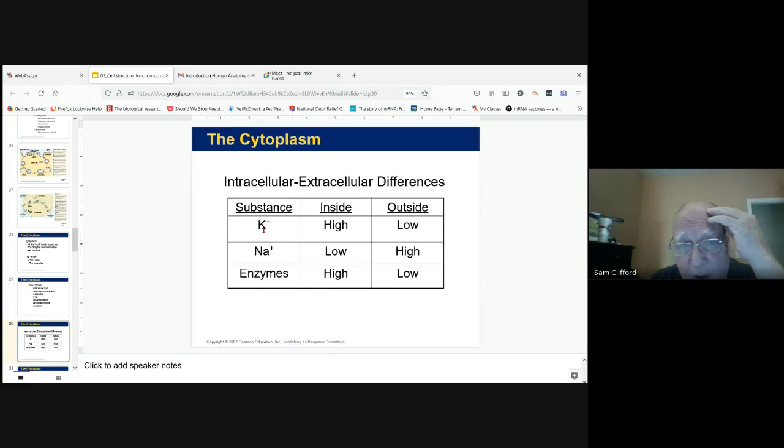It's very important to know that there's a high concentration of potassium inside the cell versus a high concentration of sodium outside the cell. That's the way cells are set up to create an electrochemical gradient.